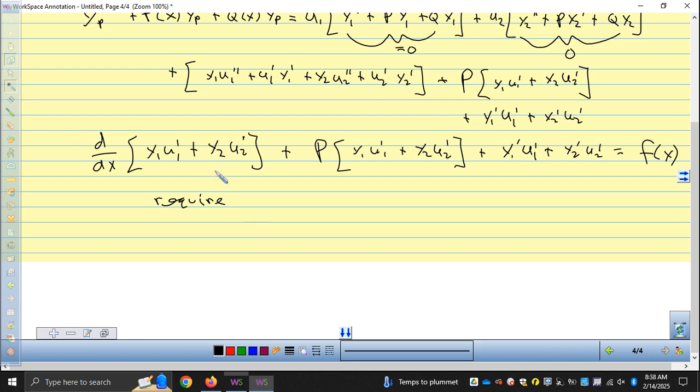Require that y1 u1 prime plus y2 u2 prime equals 0. So we're going to put that requirement on those two functions. That gives us one equation. Well, if these two terms then become 0, our second equation is this quantity, y1 prime u1 prime plus y2 prime u2 prime, has to equal f of x.